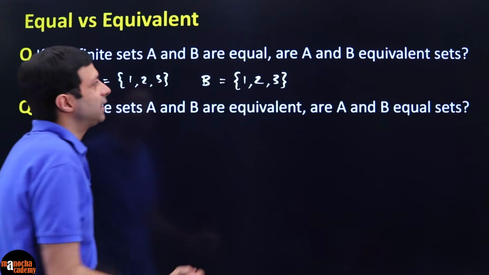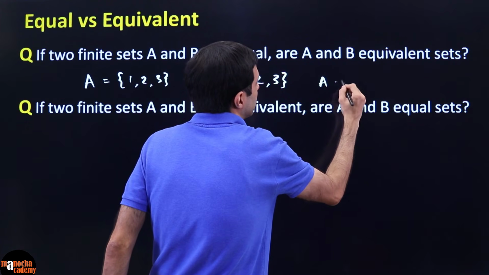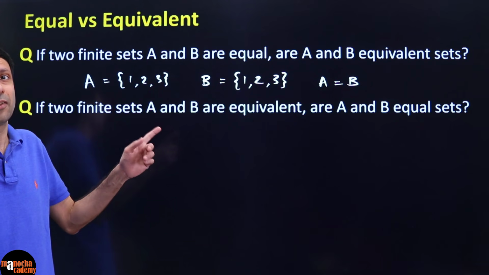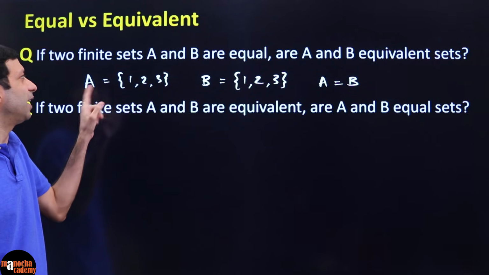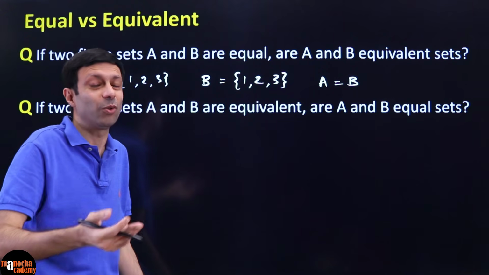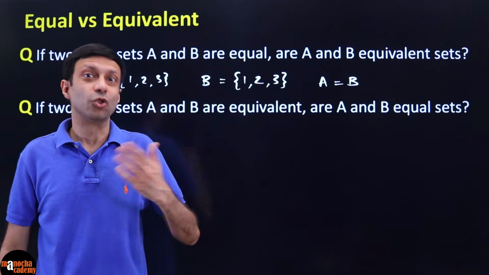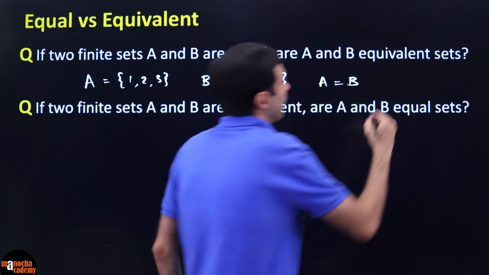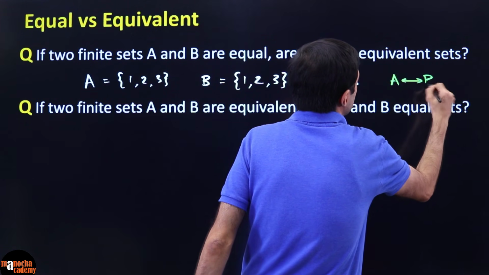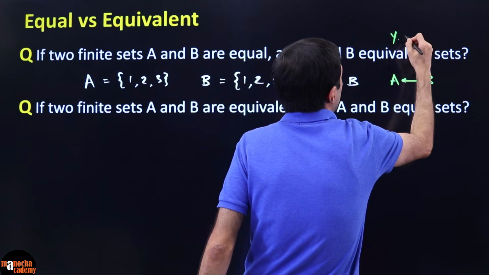So clearly A is equal to B, but are they equivalent? For equivalent, remember, we have to see the number of elements. A is having 3 elements, B is also having 3 elements, so n(A) equal to n(B) equal to 3. So the answer is going to be yes, A and B are equivalent because they have the same number of elements.